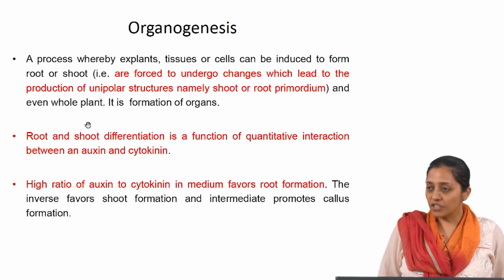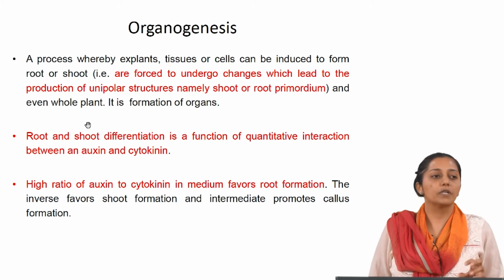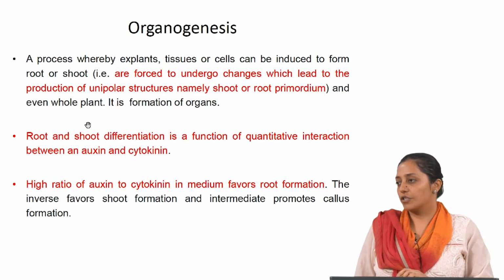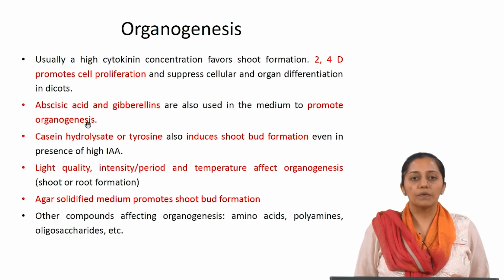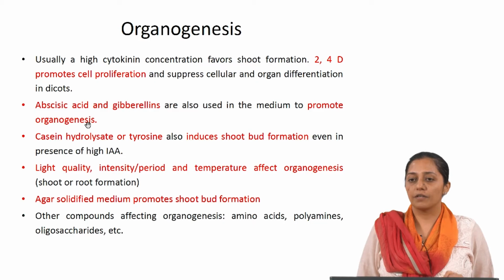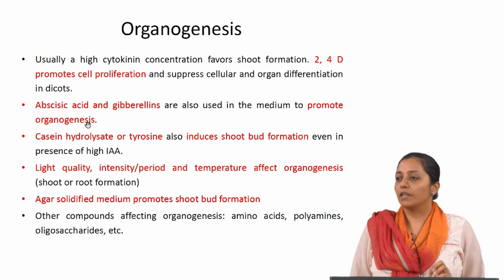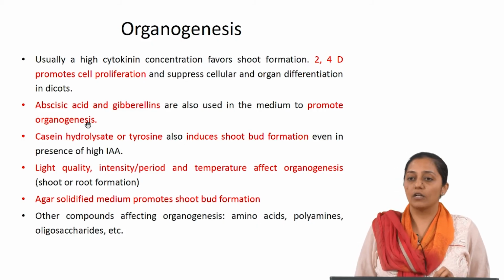Now, in general, what has been found is that a higher ratio of auxin to cytokinin would lead to the production of root, and a lesser ratio will induce shoot formation. Usually high cytokinin concentration favors shoot formation, as I said, and 2,4-D is generally used for cell proliferation, but it suppresses cellular and organ differentiation.